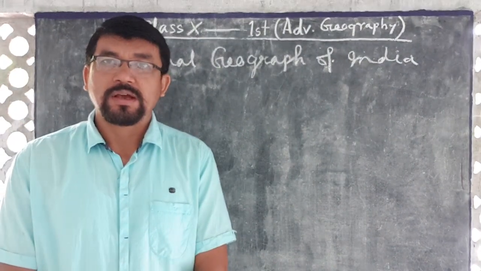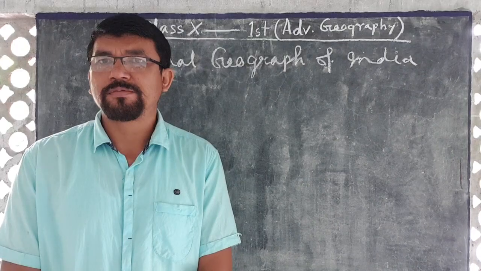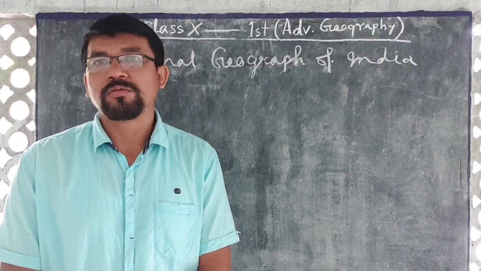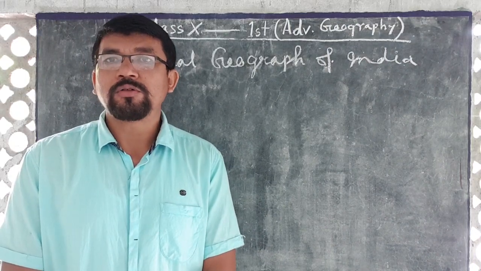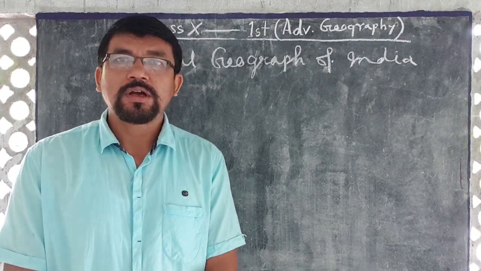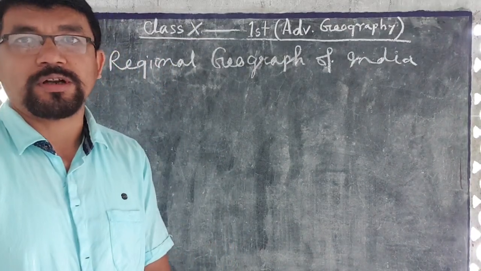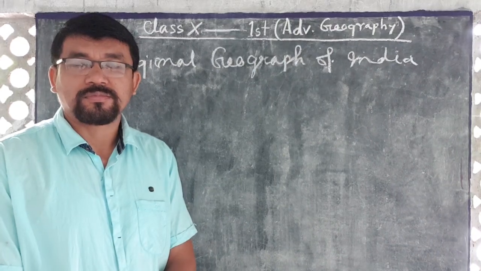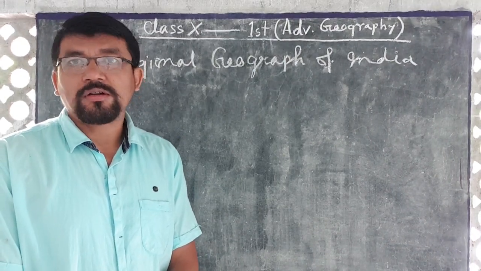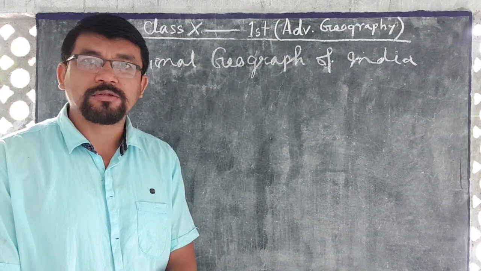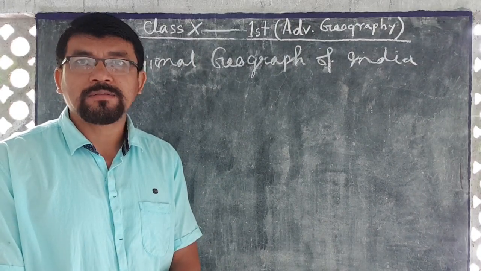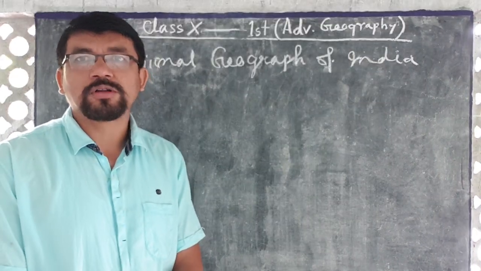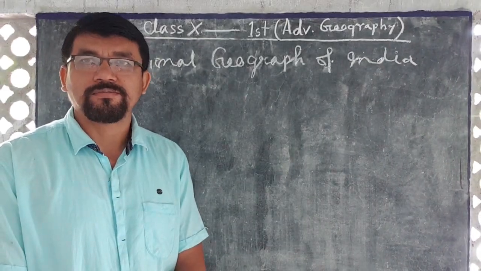And lots of different types of mountains are found here in India, they are Old Fold Mountains and New Fold Mountains. Most of the mountains located in the Deccan Plateau are known as Old Fold Mountains, and the Himalayas is a New Fold Mountain. In this way, lots of different types of plateaus, the Meghalaya Plateau, Chotanagpur Plateau, Deccan Plateau, Malwa Plateau, Central Indian Plateau, Bundelkhand Plateau, lots of plateaus are found in India.